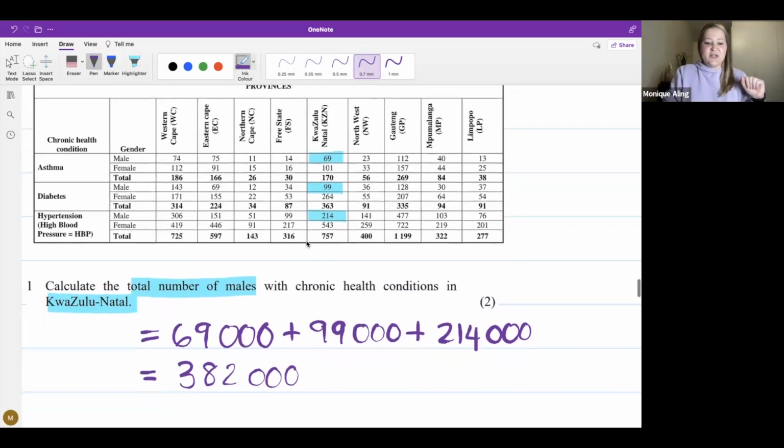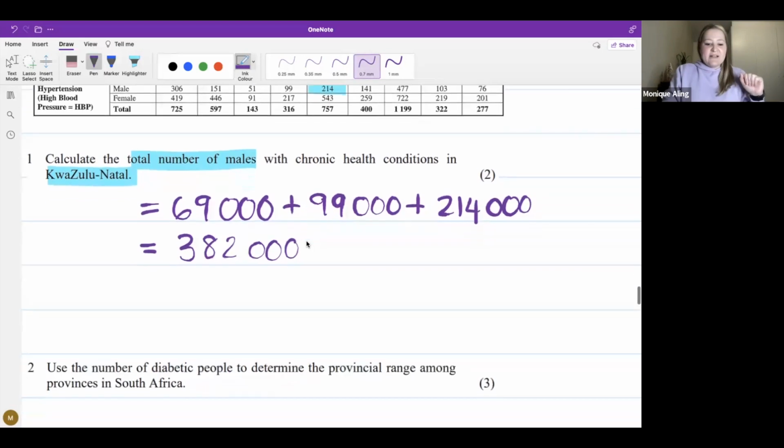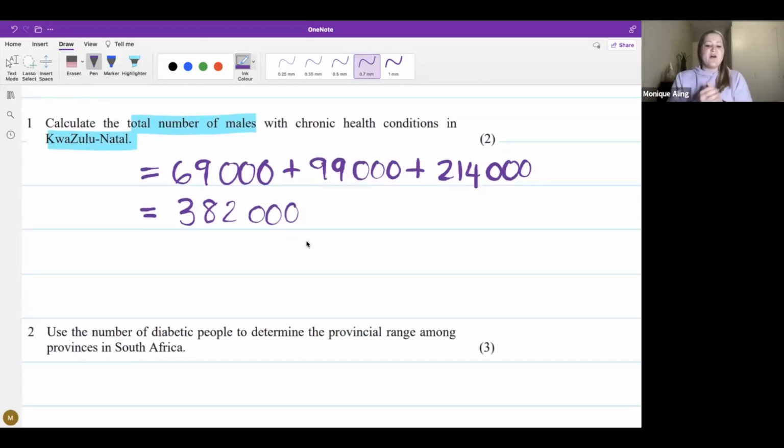Okay, good. All right. Question 2, use the number of diabetic people to determine the provincial range among provinces in South Africa. Okay, so the thing we're going to be looking at is diabetic people to determine the provincial range. So we're looking at how many people have diabetes to work out the range.